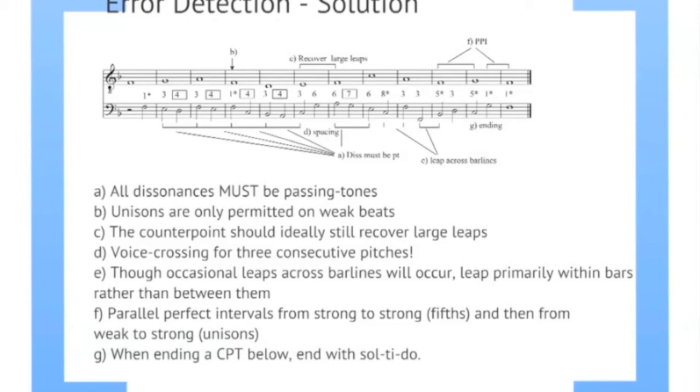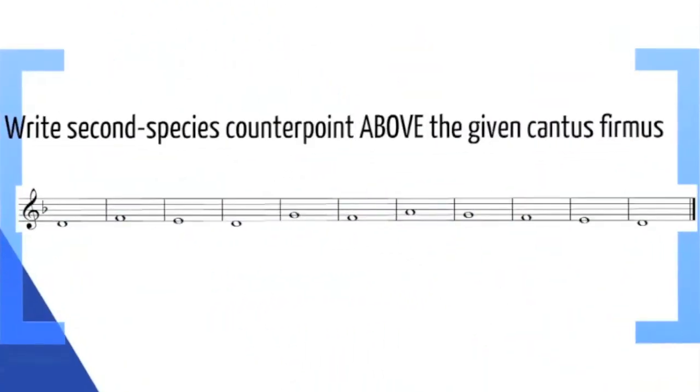There's some parallel perfect intervals again, and the exercise ends incorrectly. So do look over that error detection and the solution carefully and make sure that those errors all make sense to you.